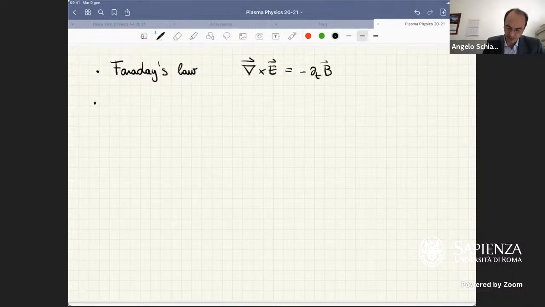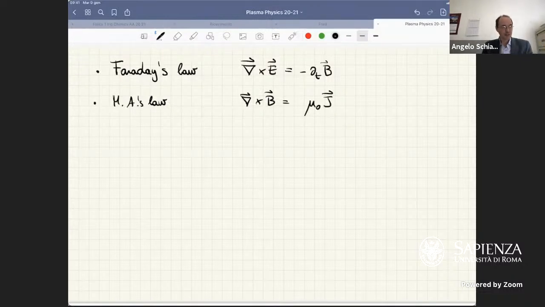Then we need Maxwell-Ampere's law, which is the source term for the magnetic field and is mu naught J, the current density, plus the displacement current, mu naught epsilon naught times the time derivative of the electric field.